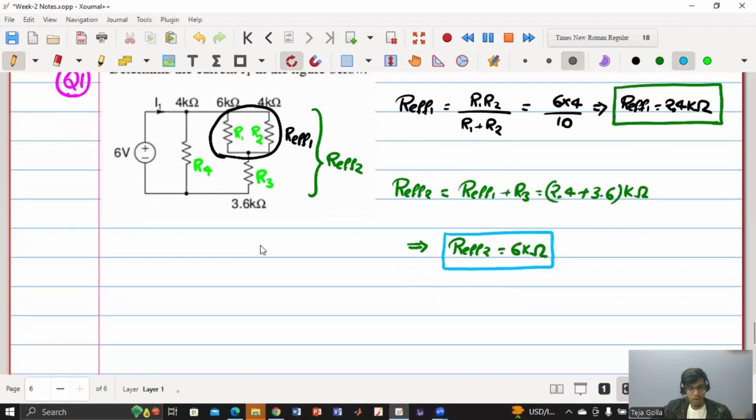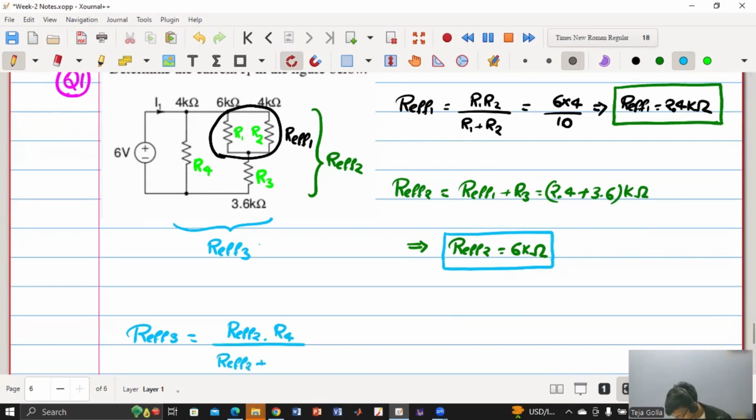Now I will call this entire thing R effective 3. What is R effective 3? R effective 3 is nothing but R4 and R effective 2 in parallel. So the formula says R effective 2 into R4 by R effective 2 plus R4.